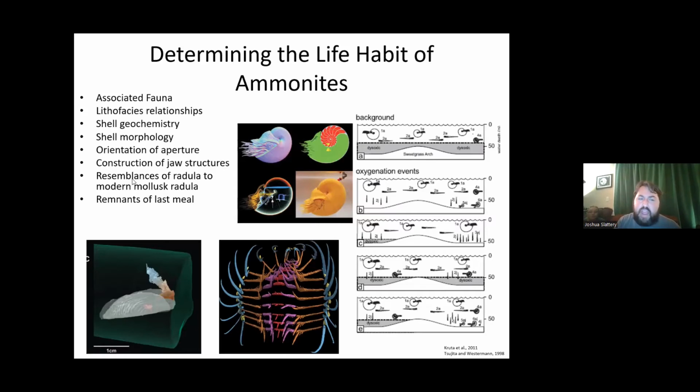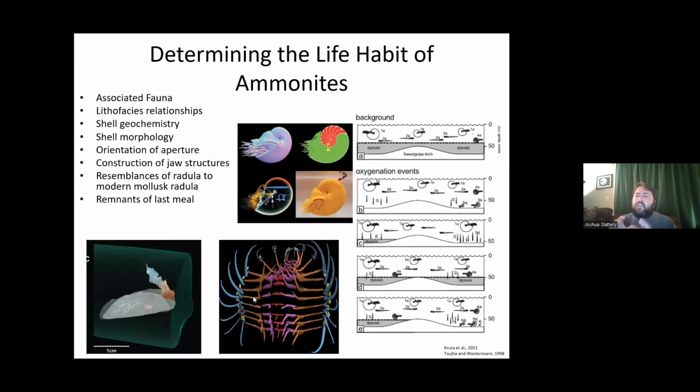We can also look at the radular structure. This is something that's only been done in the last 10 years. Right here are the radular structures of ammonoids. This is the jaw structure, and this is the radular structure. Here's the jaw, and right above that is the radula.